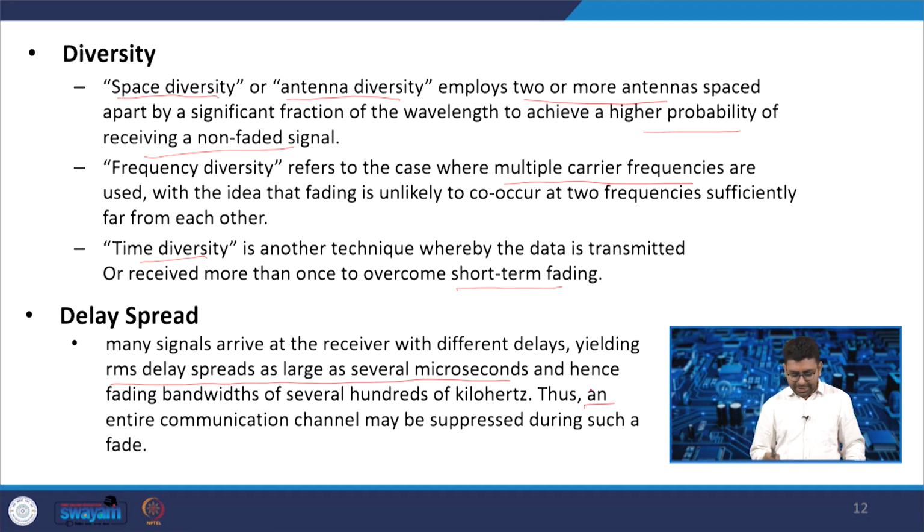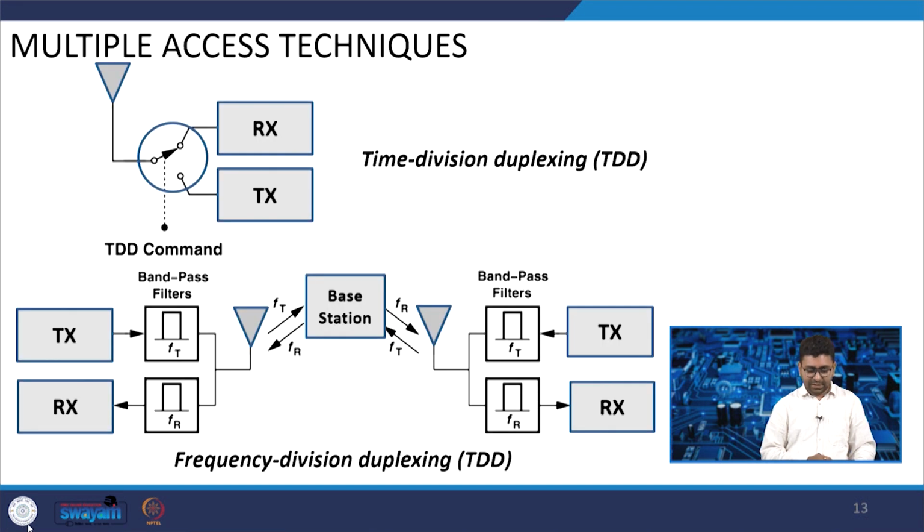Thus an entire communication channel may be suppressed during such a fade. So, delay spread can also suppress the entire channel, and this is crucial, we need to overcome it by using the above modulation scheme.